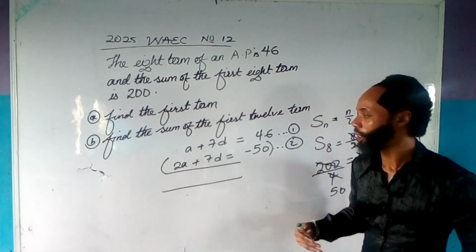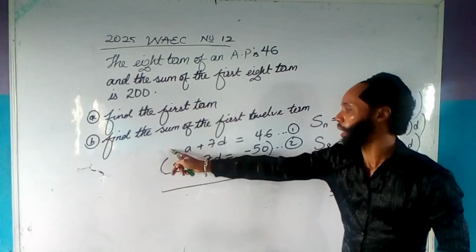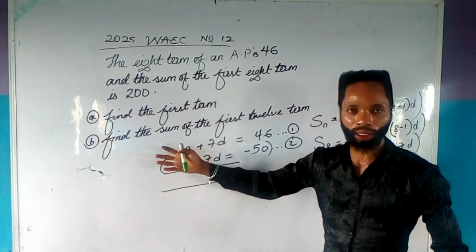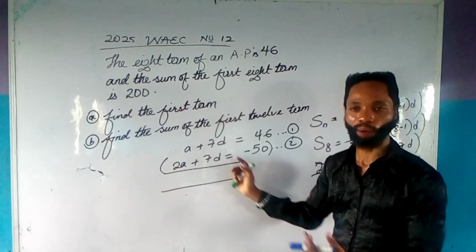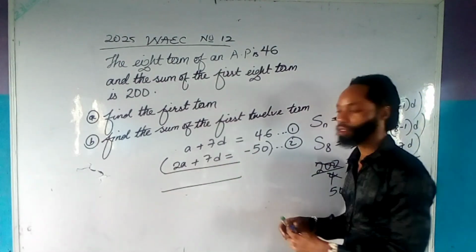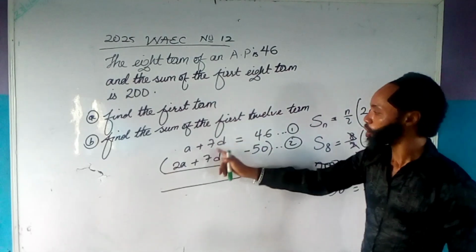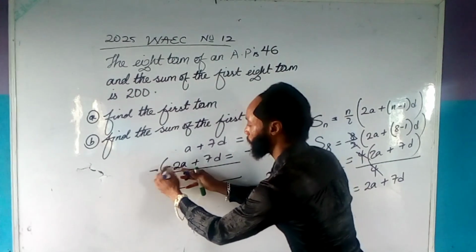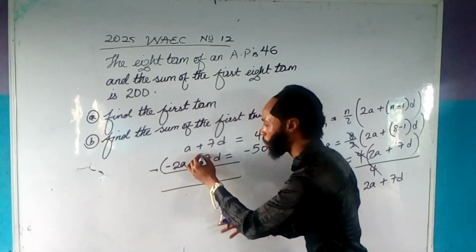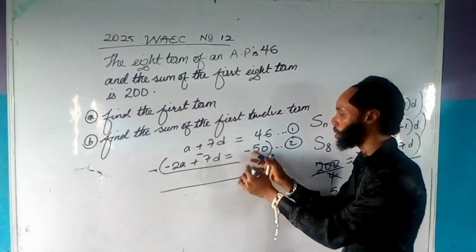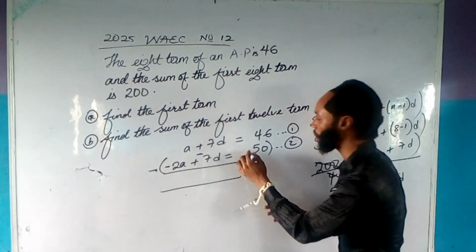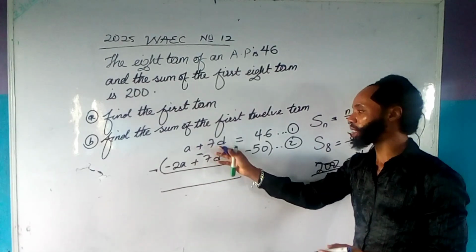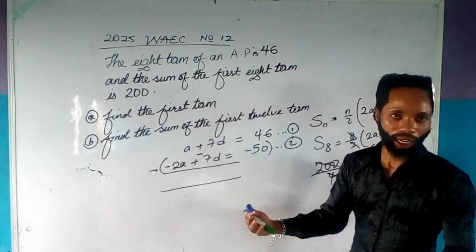We could also eliminate a by multiplying by 2, but in this case I want to eliminate d to reduce my stress. So the positive 7d becomes negative 7d, and positive 7d minus 7d cancels d.